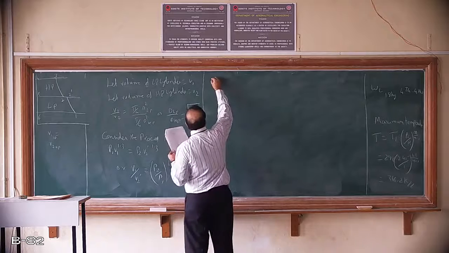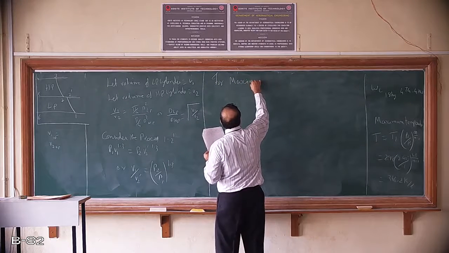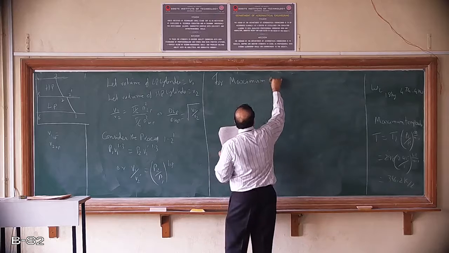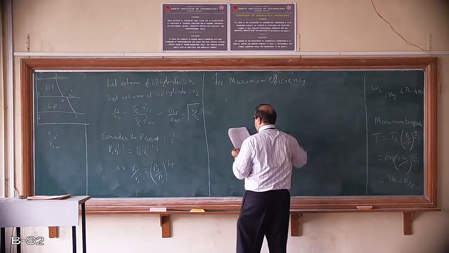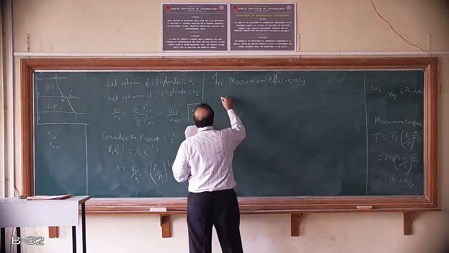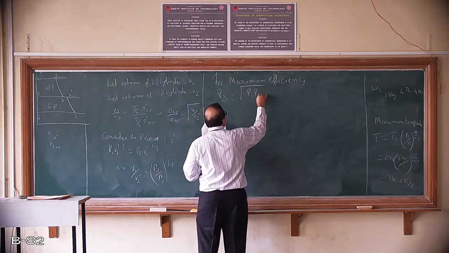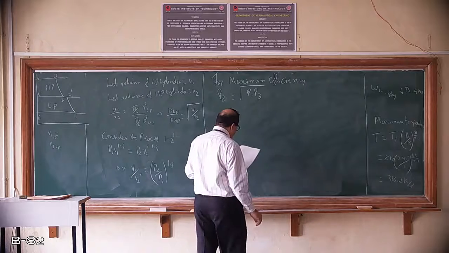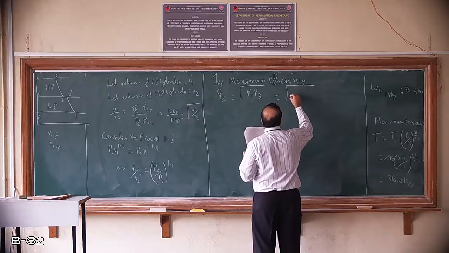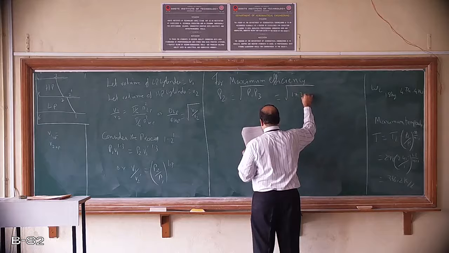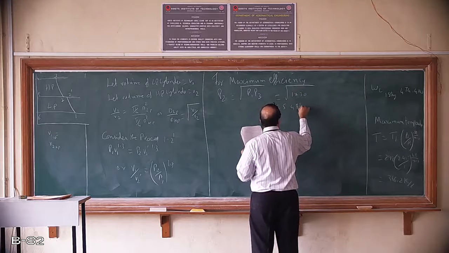For maximum efficiency, we know P2 is equal to square root of P1 P3. This we have solved, which is nothing but square root of 1 into 30, comes to around 5.48 bar.